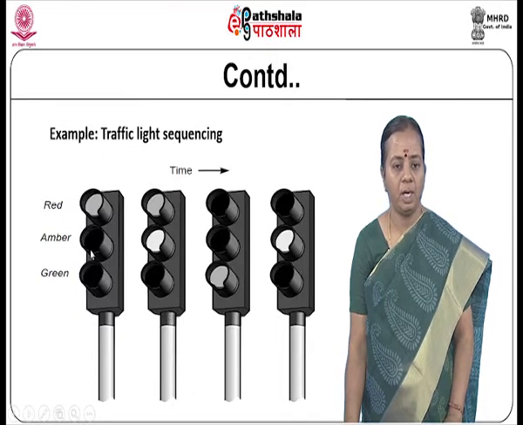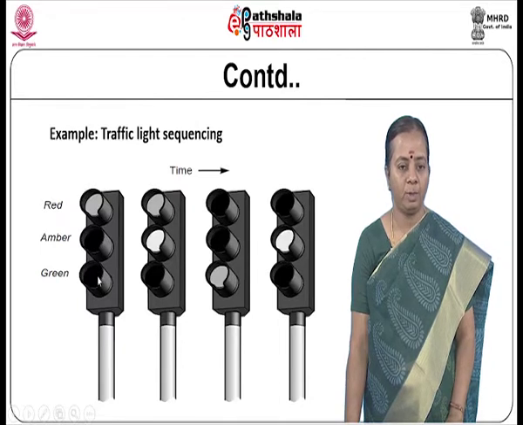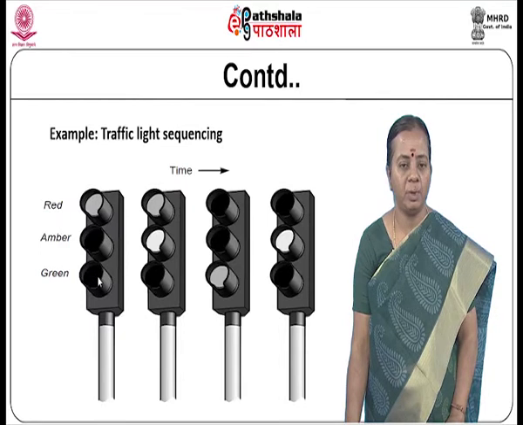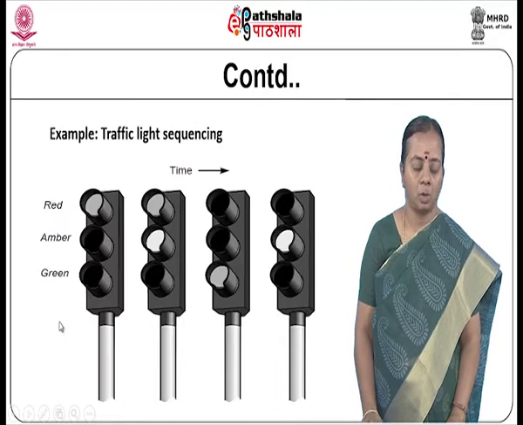Usually from green it goes to amber, then to red, and then back to green. So we can design the sequence for the 3 lights making up the traffic light with different timings, and the transition of the lights will happen based on the criteria we have implemented while writing our code.